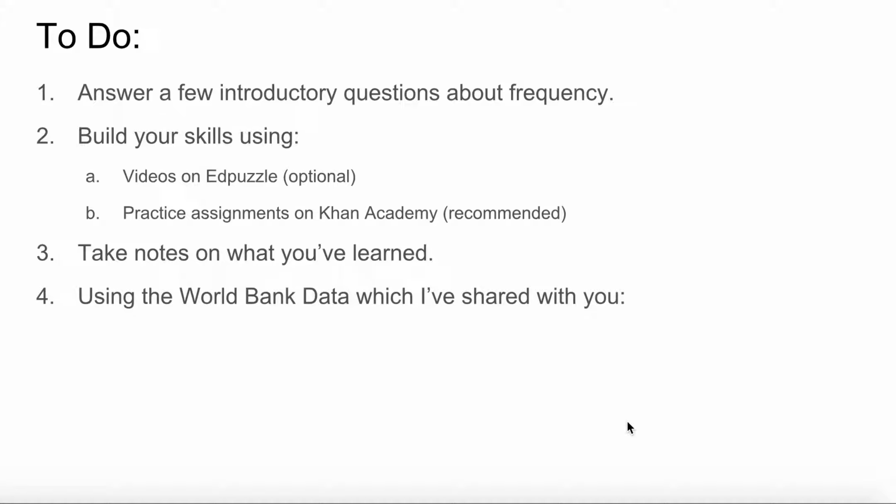Fourth, at the beginning of this project, you chose a global indicator from the World Bank. I've taken that data and put it into something called a Google Sheet, a spreadsheet. I've shared it with you. And using that data, you are going to create frequency tables and histograms for 2 different points in time.